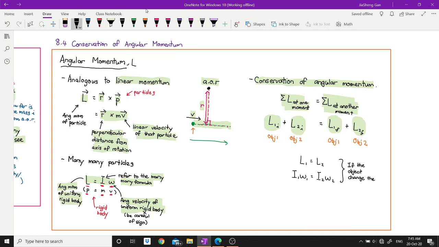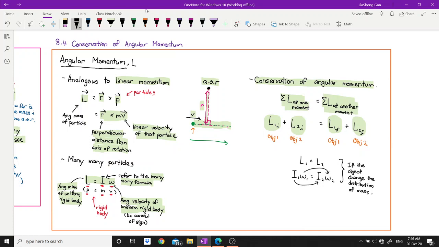You are changing the moment of inertia. So when you change the moment of inertia, reasonably the angular velocity will also change if the object changes the distribution of mass. Okay, it's difficult to talk more about this, but probably I will create another video to talk more about conservation of angular momentum.